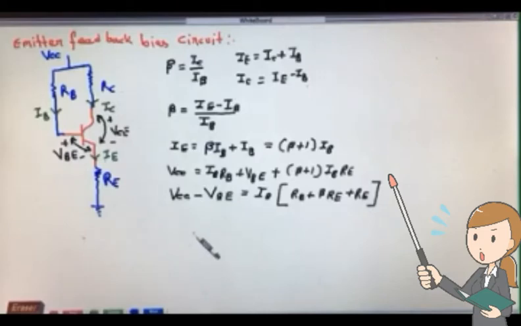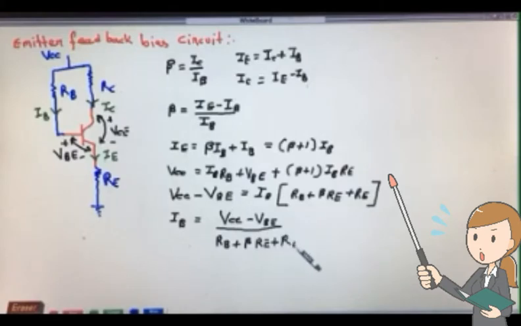So IB equals VCC minus VBE upon RB plus beta RE plus RE.